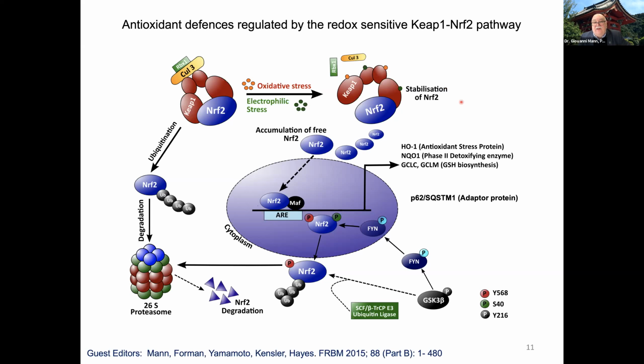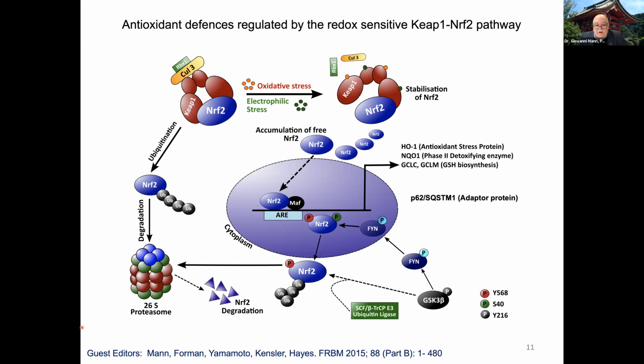We stabilize NRF2, and endogenously synthesized NRF2 now can accumulate in the nucleus, bind to an antioxidant response element together with a small MAF protein, and lead to the upregulation of antioxidant genes and proteins inside cells.